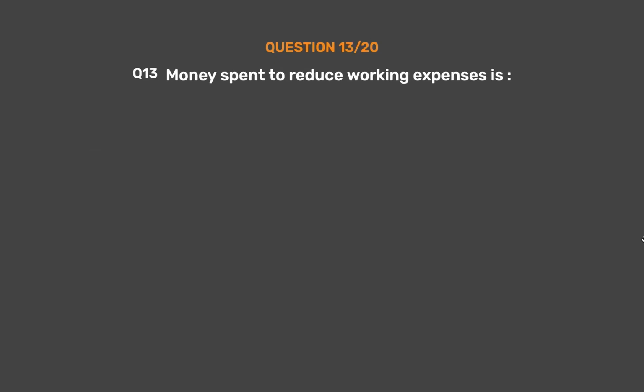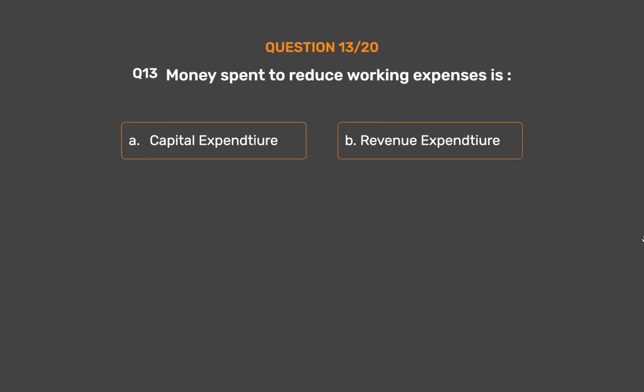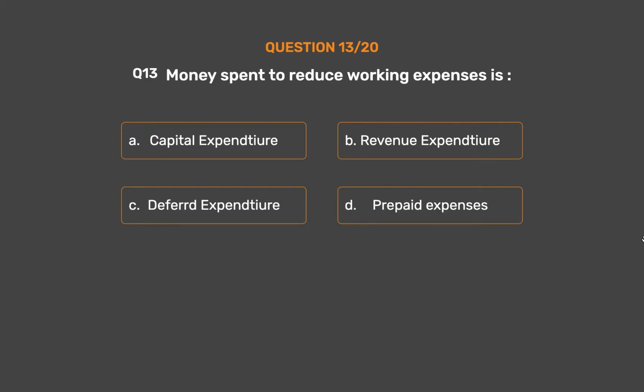Question number 13. Money spent to reduce working expenses is: option A, capital expenditure. Option B, revenue expenditure. Option C, deferred expenditure. Option D, prepaid expenses.